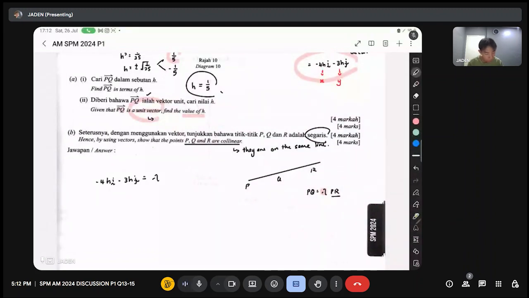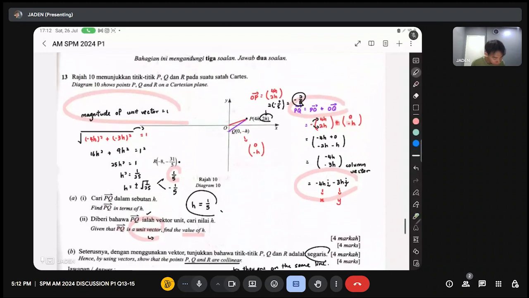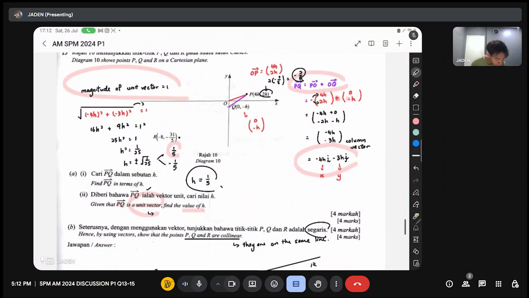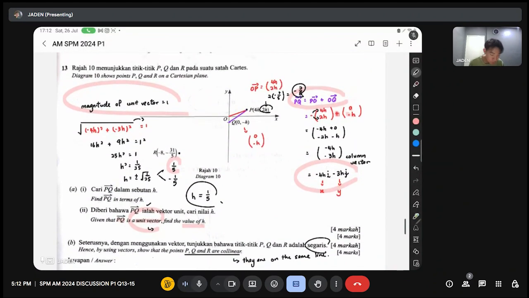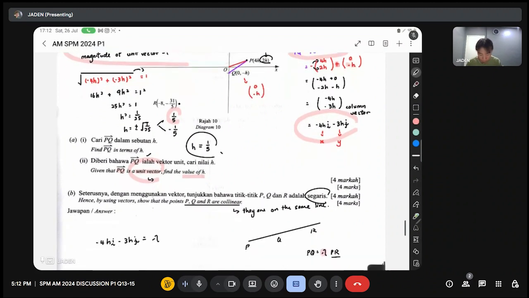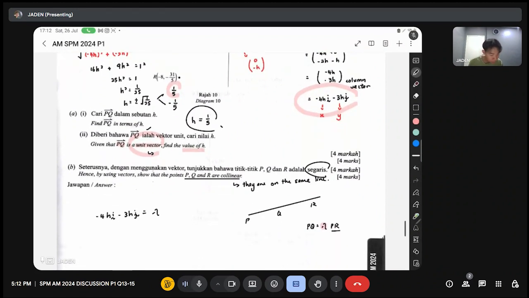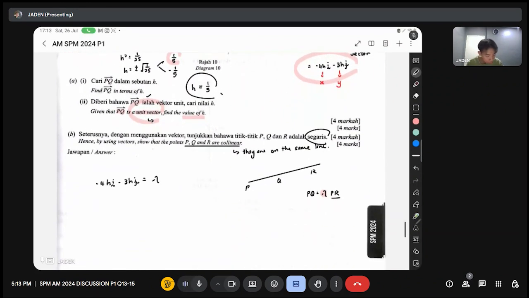So do we actually have PR? P to R. It seems like we don't have PR. But we can go and find what PR is. Let me show you how we can find PR directly. If I want to get my PR, first of all I have to have my coordinates clearly determined.